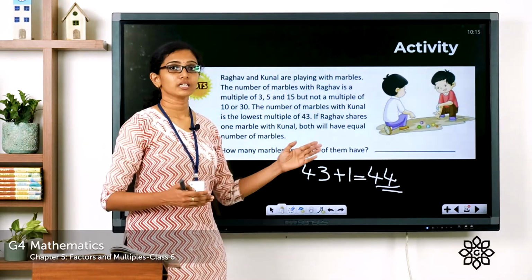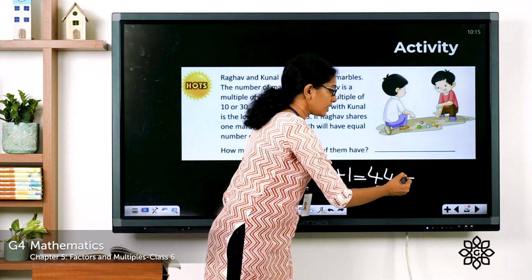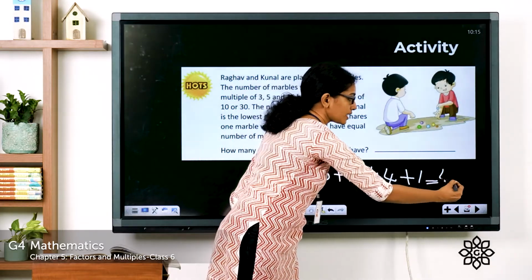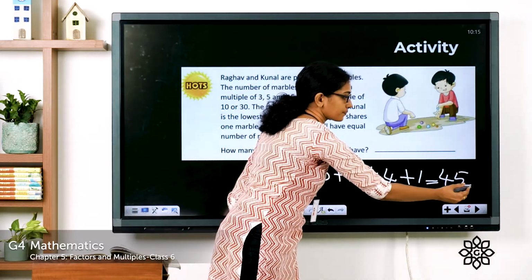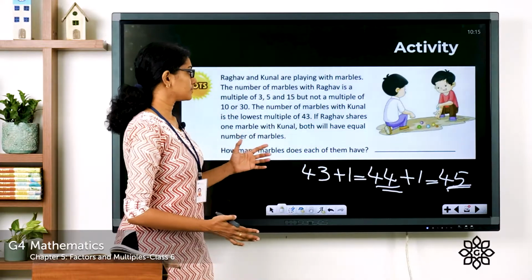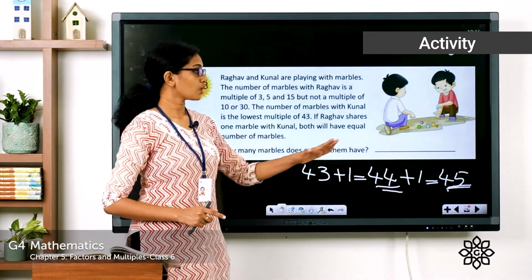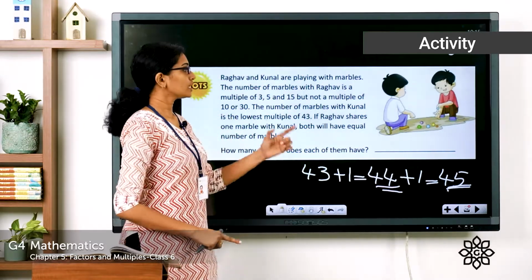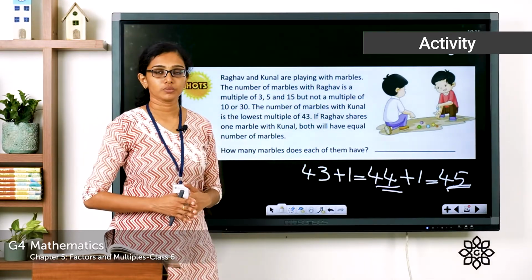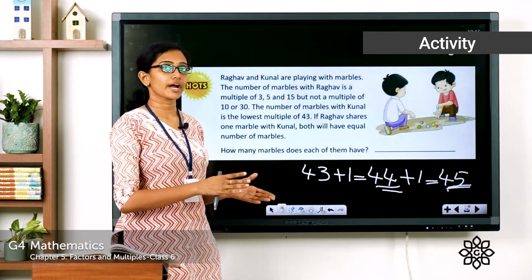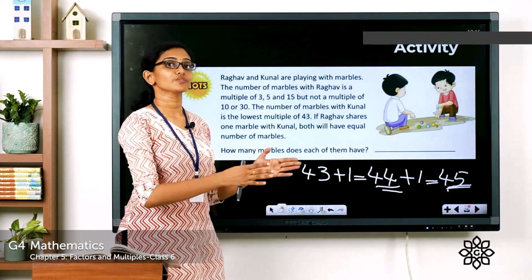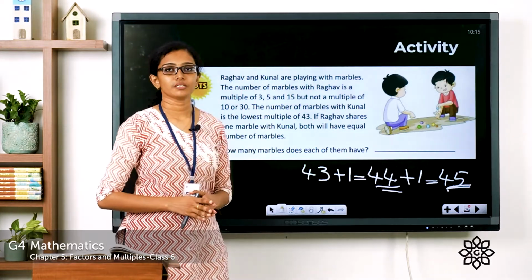He would have had 44 plus 1 equal to 45 marbles with him. So what is the number of marbles that each of them had in the beginning? Raghav had 45 marbles and Kunal had 43 marbles. And when Raghav shared one with Kunal, both of them got 44 marbles each.